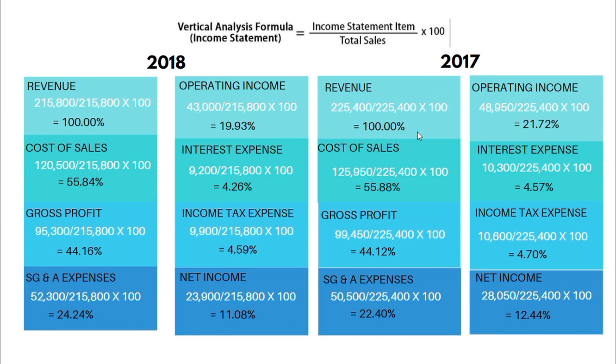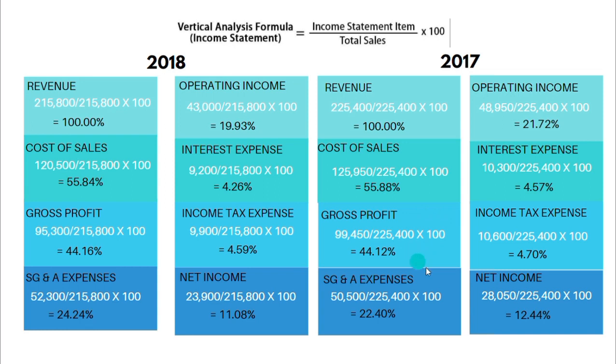Sa cost of sales, meron tayong 125,950 na cost of sales nung 2017 divided by 225,400 na revenue nung 2017 times 100 is equals to 55.88%. Sa gross profit naman, meron tayong 99,450 noong 2017 divided by the total revenue, 225,400 times 100 is equals to 44.12%.